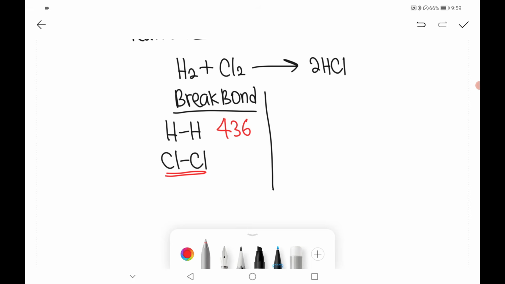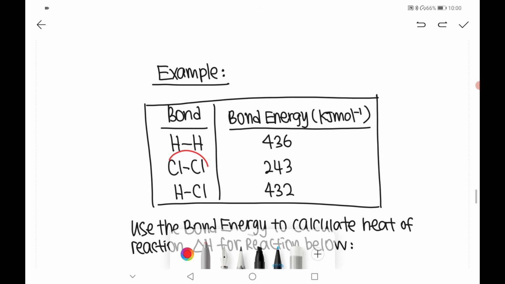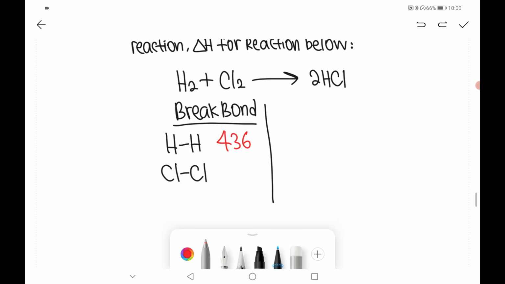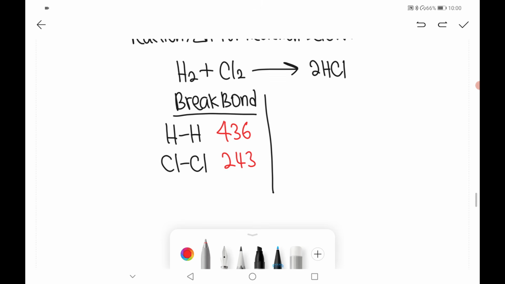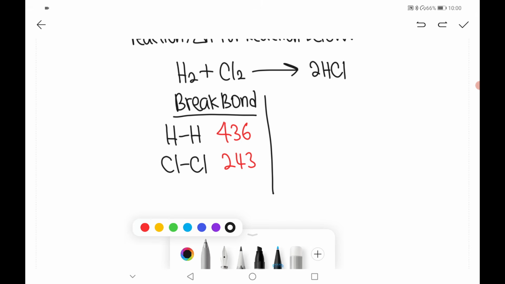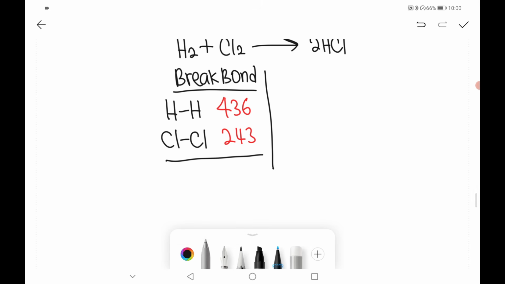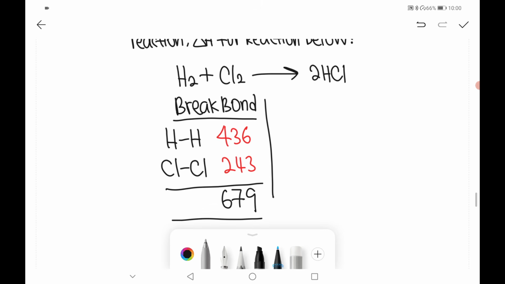Cl and Cl, how much energy you need to break? Look at the bond energy here. Cl and Cl is 243. So you need 436 to break the H2, and 243 to break the Cl2. These two energies, you just add together, so it becomes 679. That's the first part.